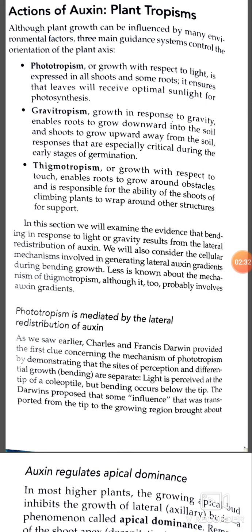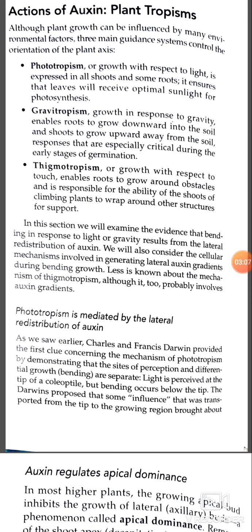In this section, we examine the evidence that bending in response to light or gravity results from the lateral redistribution of auxin. We will also consider the cellular mechanism involved in generating lateral auxin gradients. Phototropism is mediated by lateral redistribution of auxins.